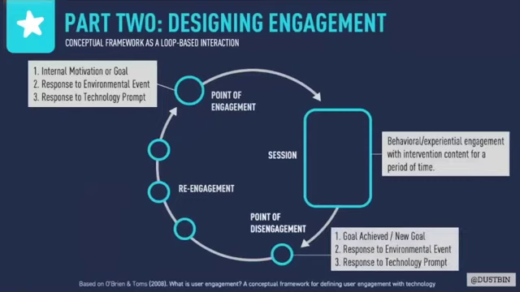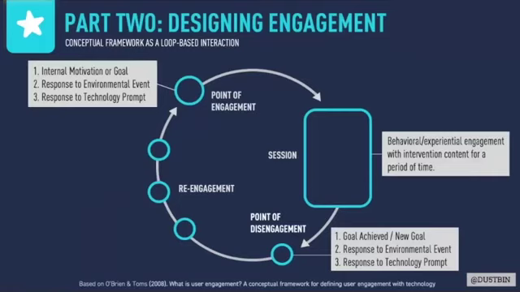They could do that for a variety of reasons as well. They achieved a goal, they got what they needed, they've made a new goal, they're off to something else, maybe in a different app competition, or maybe it's pizza across the room. They might be responding to that pizza or an environmental event, or they could get a prompt from a different kind of application that sent them off into a Facebook posting instead.